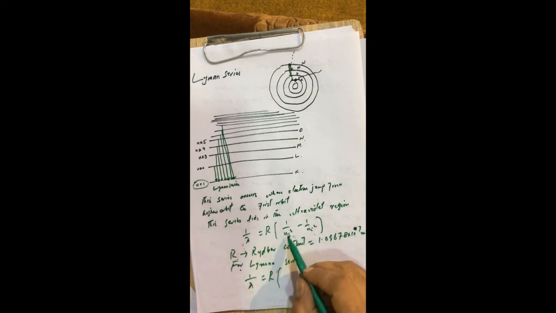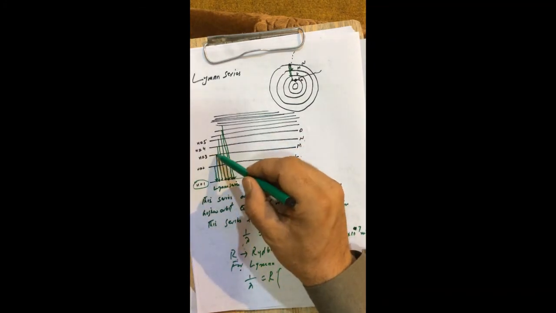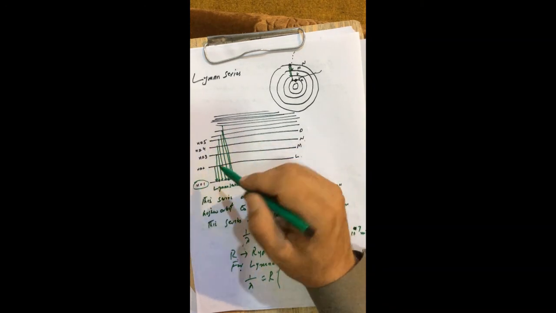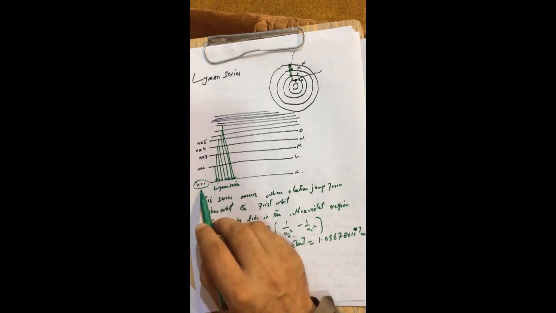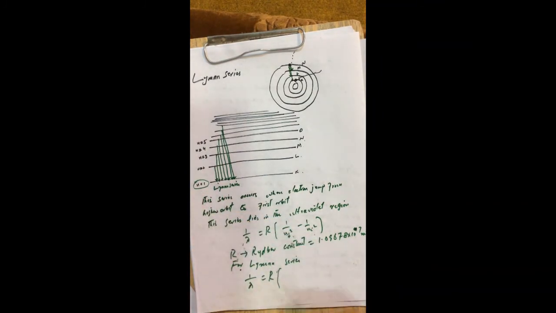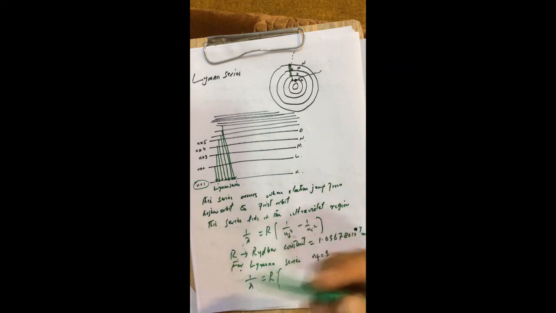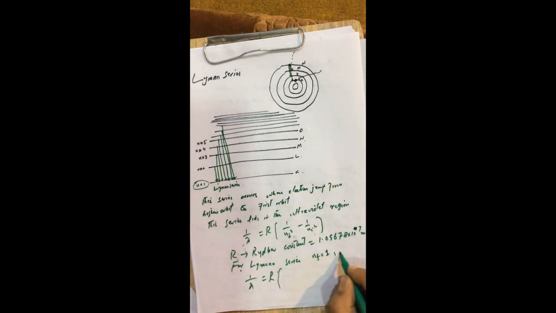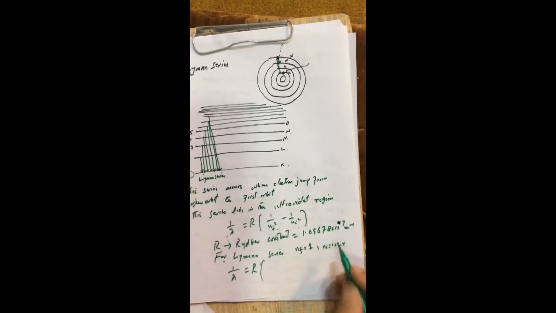Initially the electron was in some higher state, but finally it goes to the state for which n is 1. So for the Lyman series nf is 1, and ni is either 2, 3, 4 and so on.